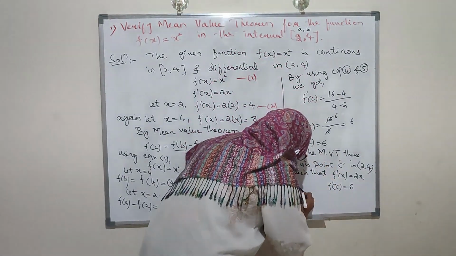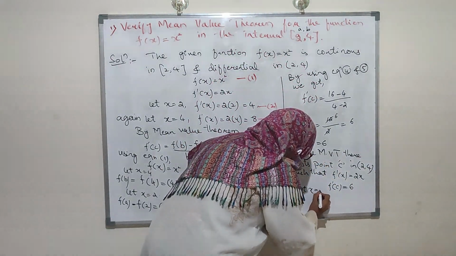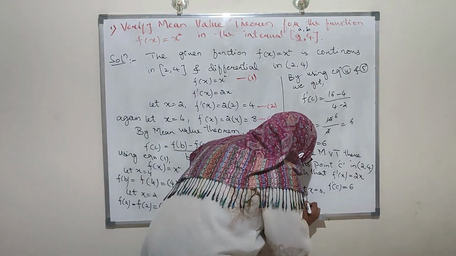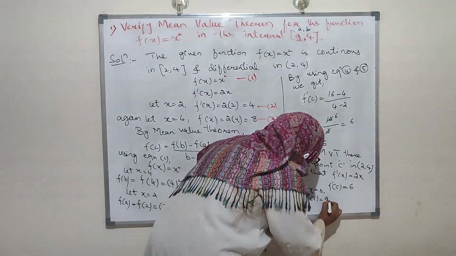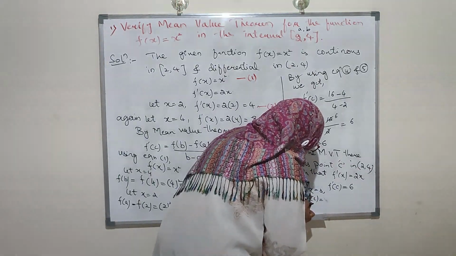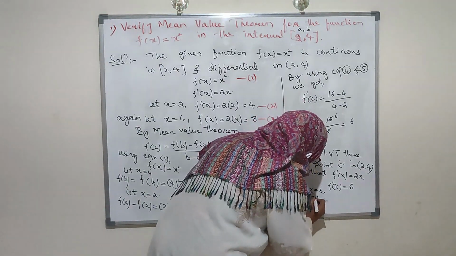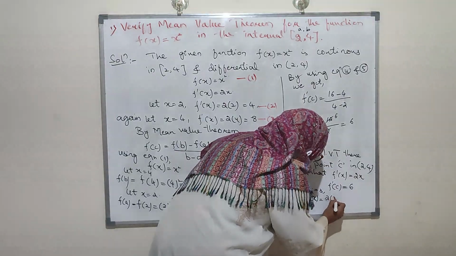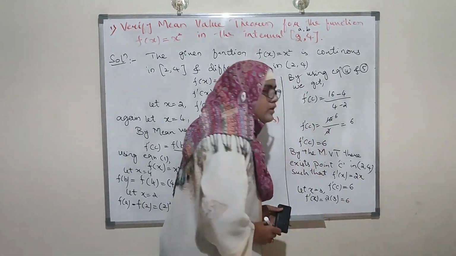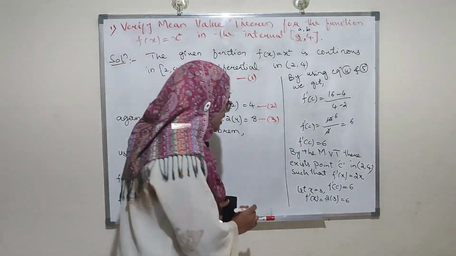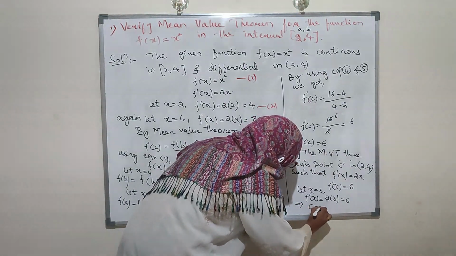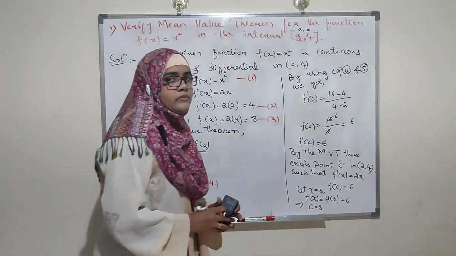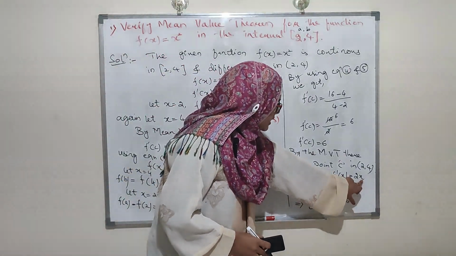Now let x be 3, then f dash of c is 2 into 3, which is 6. This implies c is equal to 3.